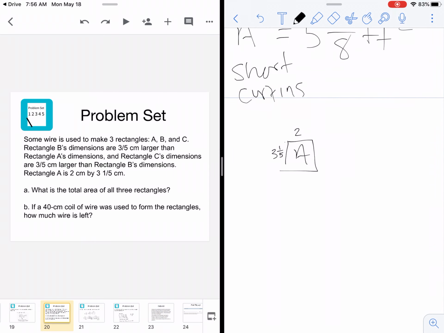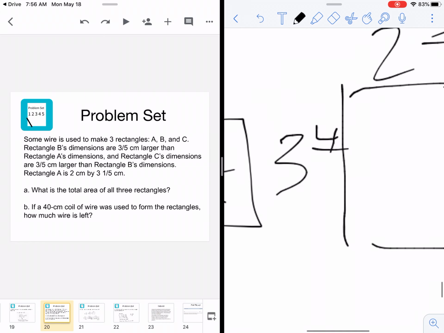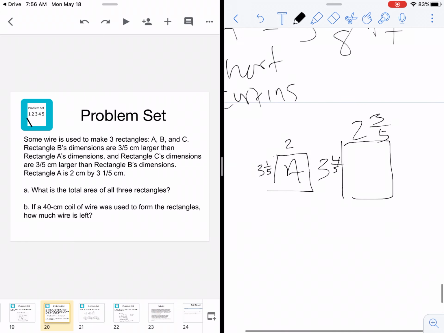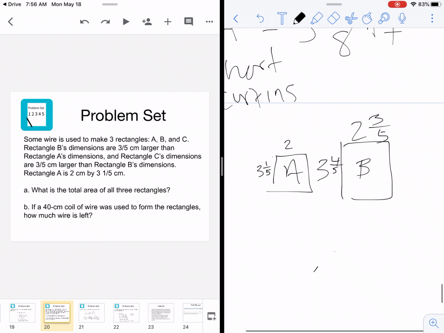It says rectangle B's dimensions are 3/5 larger than rectangle A's. 3/5 larger, so that means rectangle B, instead of 2, it's going to be 2 and 3/5. And instead of 3 and 1/5, you have to add 3/5 to that, which gives you 3 and 4/5. So this is B.